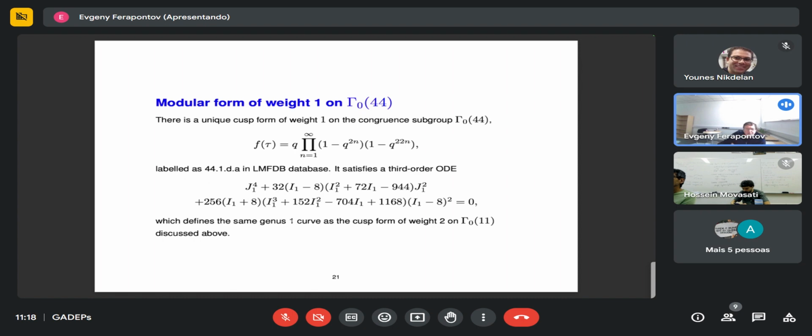This example shows that one and the same genus 1 curve can be parameterized by a modular form of weight 2 via the modularity theorem, and it also can be parameterized by a modular form of weight 1, in this way. So one and the same curve.